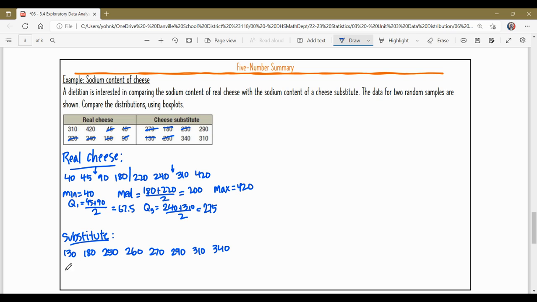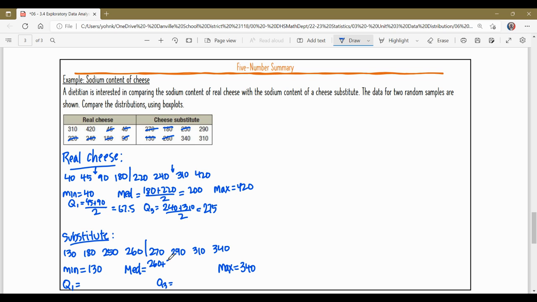All right, I need my min, which is 130. Then I'll find my Q1, my median, and eventually my max. My max is 340. That one is pretty easy. And then my Q3. It looks like my median is going to be in between 260 and 270.